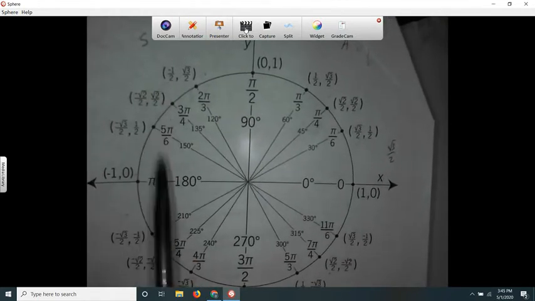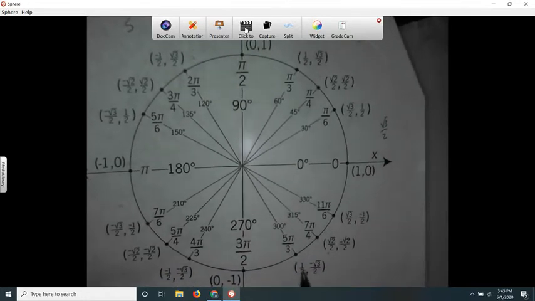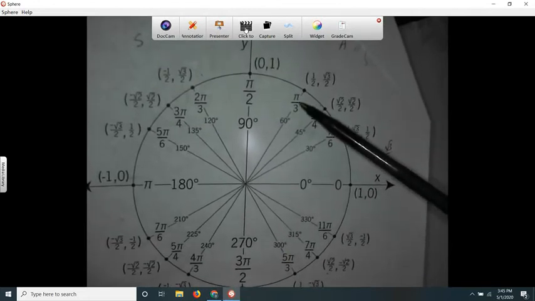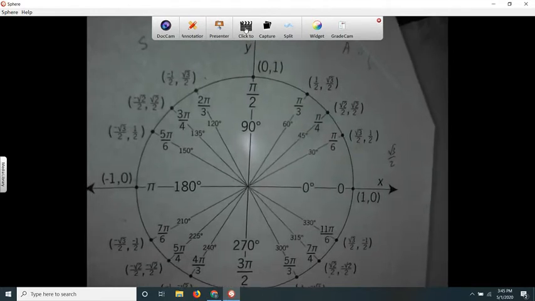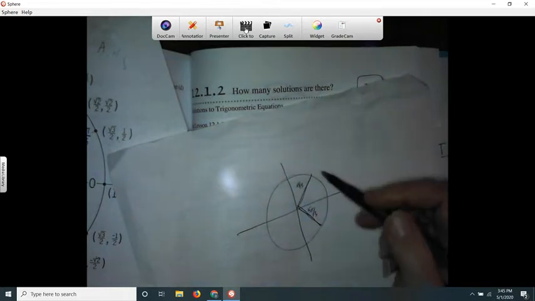The places where cosine is positive a half are right here at 5 pi over 3, which is 300 degrees, and pi over 3. These are the two spots on the unit circle, here and here.